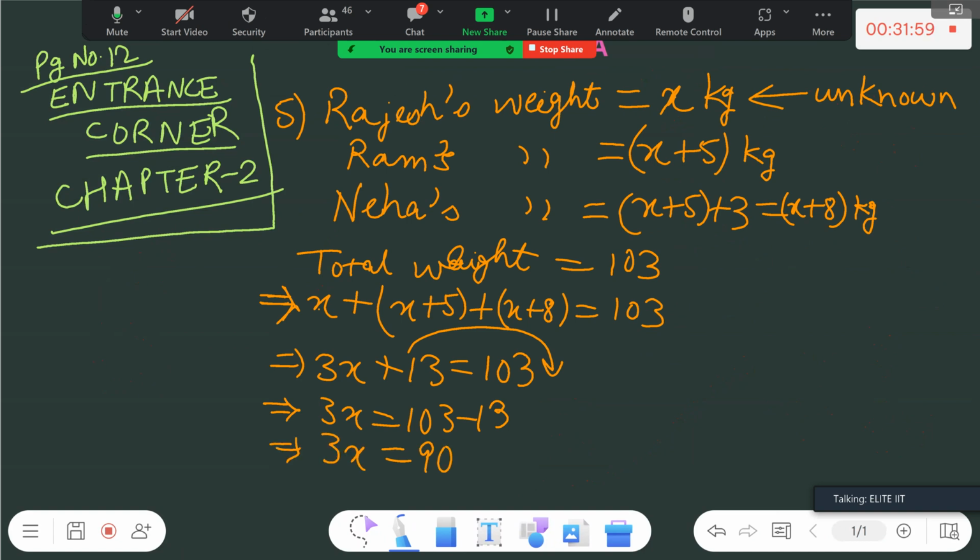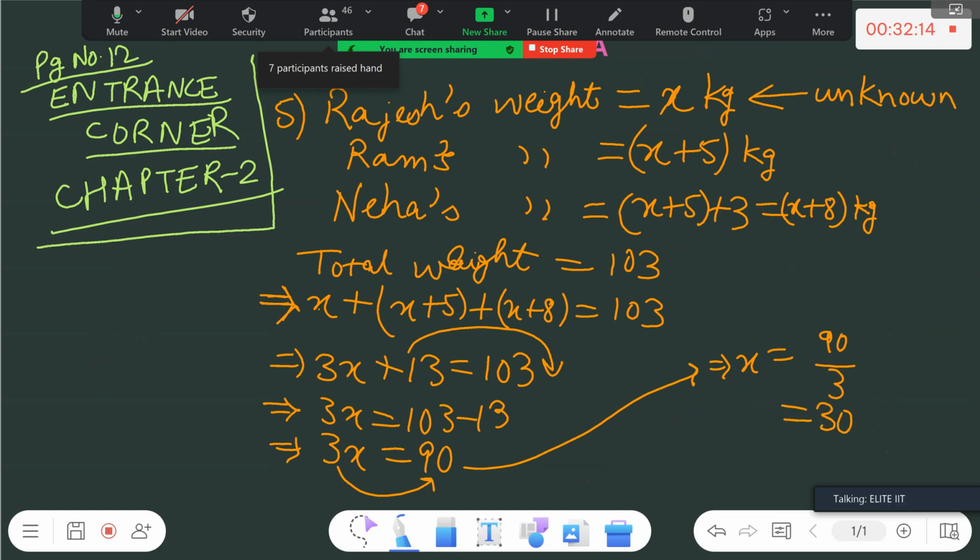Now 3x means 3 into x. So if you take 3 to the right hand side, it will become 90 divided by 3. Implies x equal to 90 divided by 3, 30. X is 30.